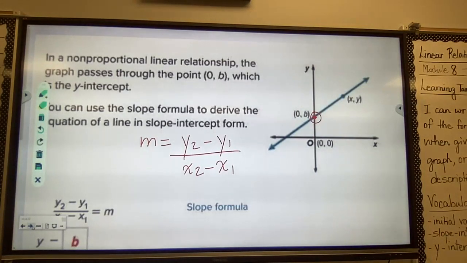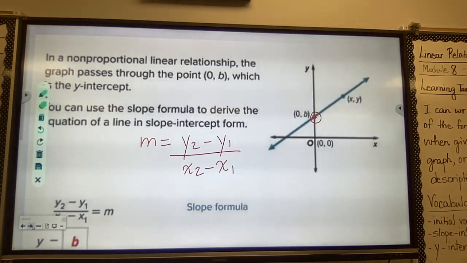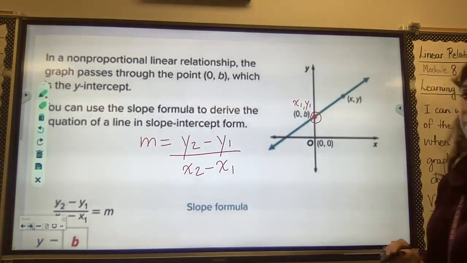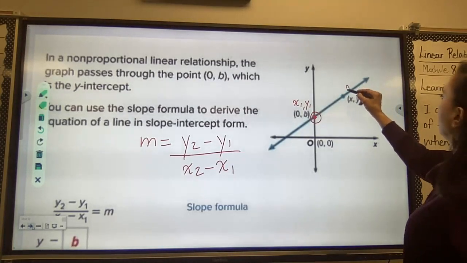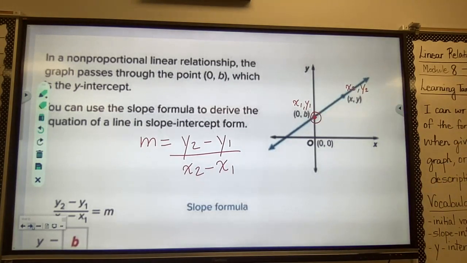So my y1, as you can see, is b. So I'm going to use this formula. I'm going to say (x1, y1) is (0, b). This is x1, this is y1, and then my (x2, y2) is my (x, y).